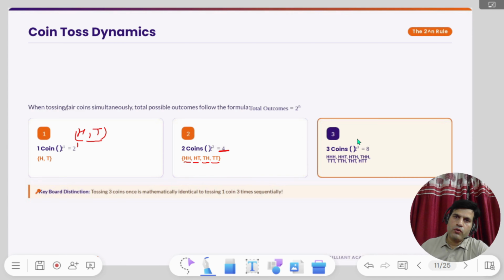If you toss 3 times, 2 to the power 3, that will be 8 outcomes: HHH, HHT, HTH, THH, TTT, TTH, THT and HTT. These are all the possibilities if you toss 3 times. Tossing 3 coins once is mathematically identical to tossing 1 coin 3 times sequentially.